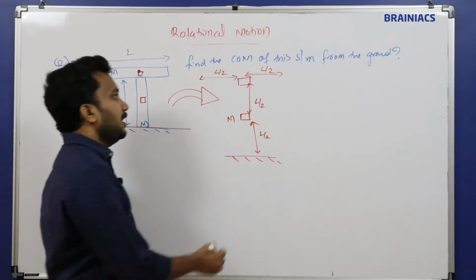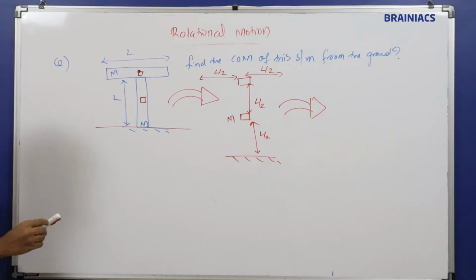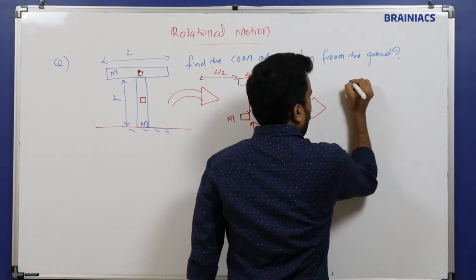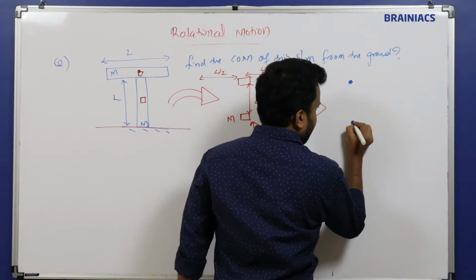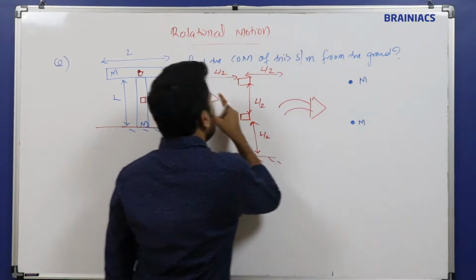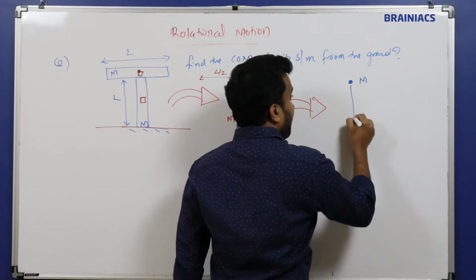Again, this is just for your understanding that I have drawn. I will do one more transition. I just consider one dot, and I just consider another dot. The first dot is m, the second dot is also m. This is now converted into a two-dot system. What's the distance between these two particles?